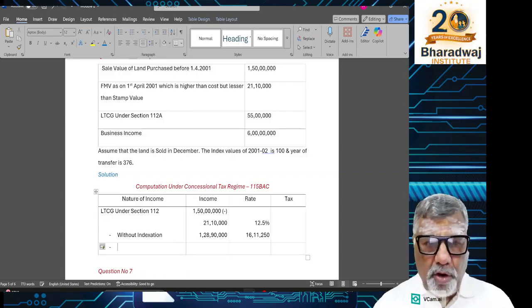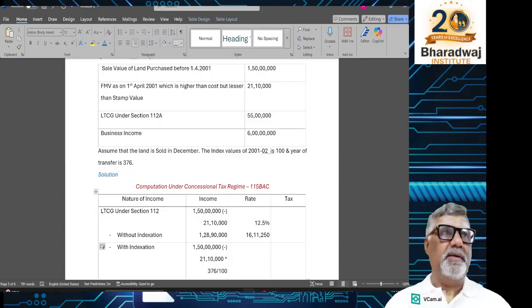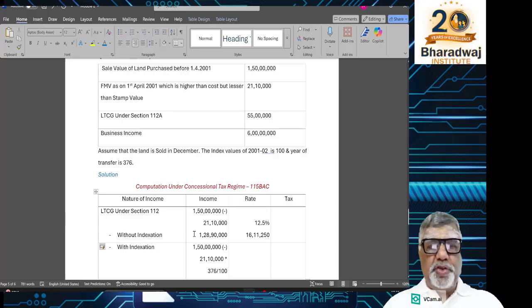now I go with indexation: 1 crore 50 lakhs minus 21 lakh 10,000 into 376 by 100.